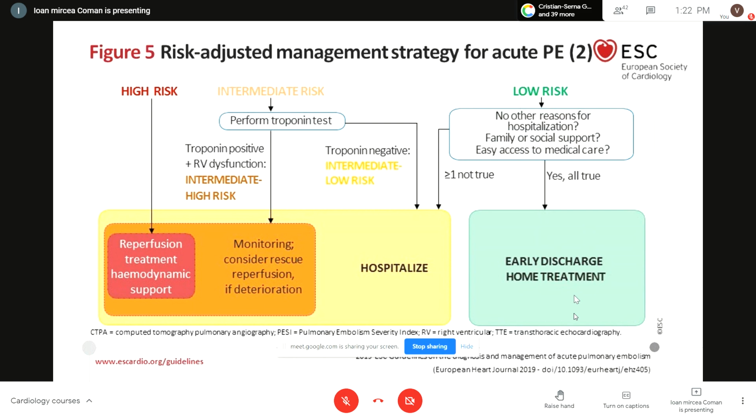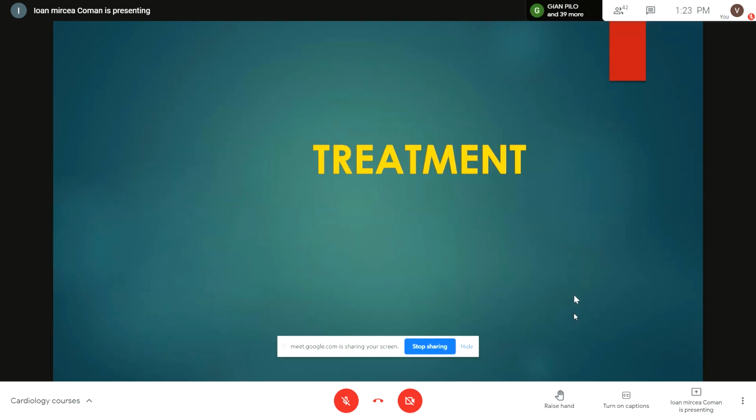It proved a bad idea because the patients bled, and sometimes there were even major bleedings. So it's not a good idea. We should use thrombolytic therapy just in patients with hemodynamic instability or those with high intermediate risk, which are worsening in spite of other therapy.